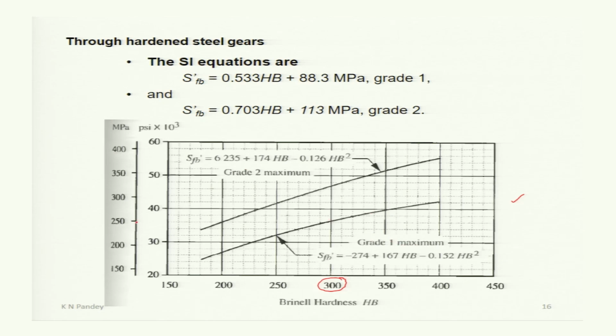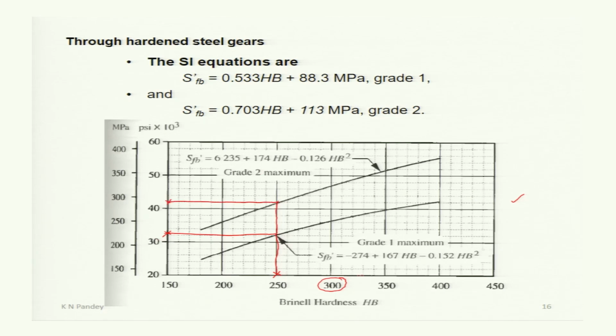For example, if the hardness is 250 BHN and the grade is 1, then its bending fatigue strength will be this one. But if it is grade 2, then you see there is an appreciable increase in the SFB dash.